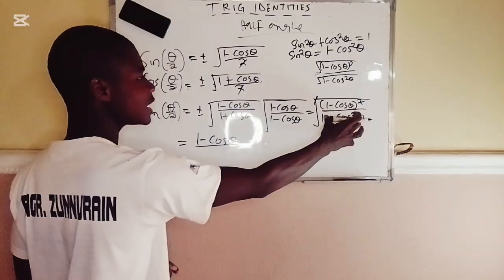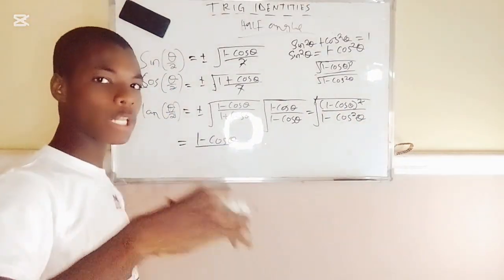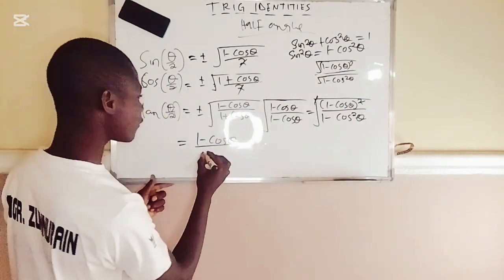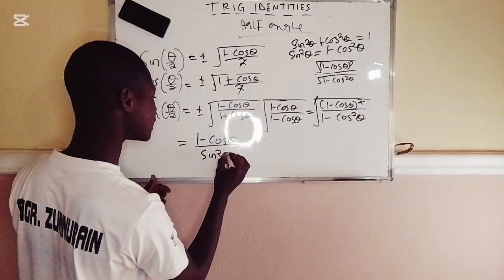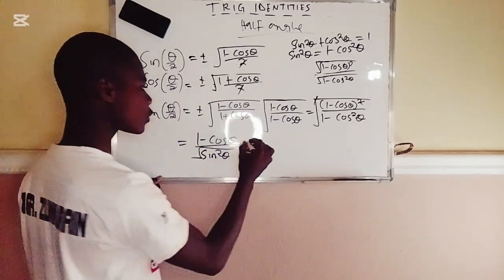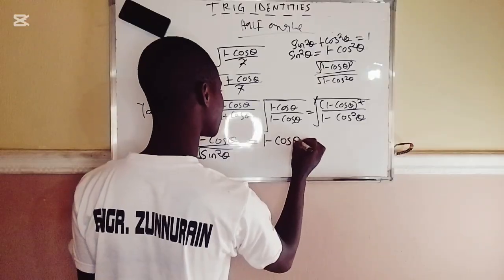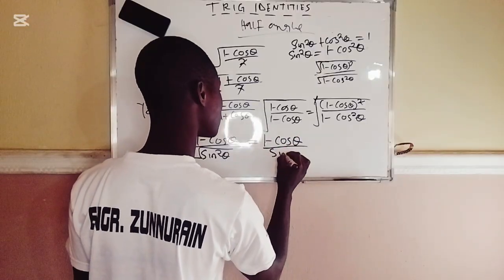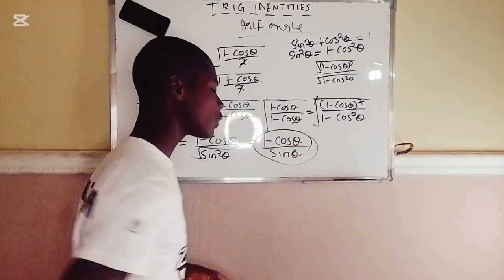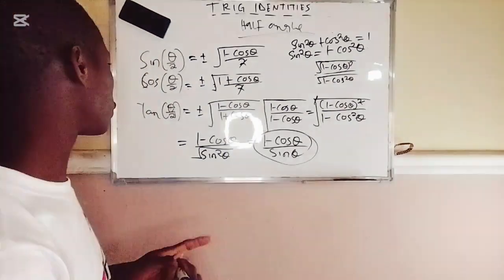Therefore, I can eliminate the 1 minus cos square theta and insert sin square theta, but in the root. So it is the same thing as 1 minus cos theta divided by sin theta.